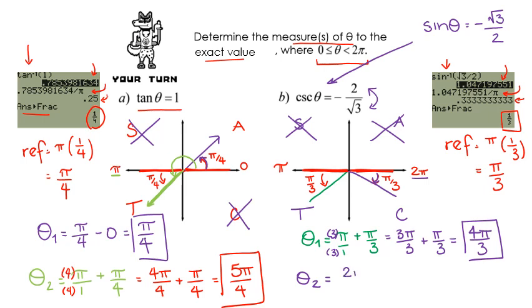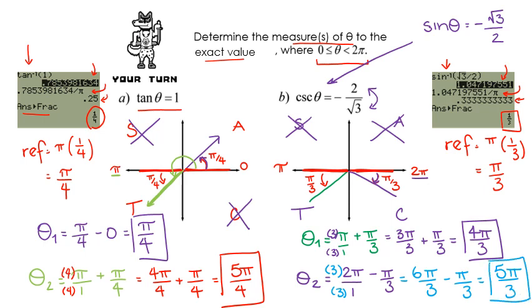So we'll go 2 pi minus pi over 3. I'll put 2 pi over 1. We need a common denominator of 3, so I'll multiply top and bottom of 2 pi over 1 by 3, which gives us 6 pi over 3 minus pi over 3, which is equal to 5 pi over 3. So our two solutions are 4 pi over 3 and 5 pi over 3.